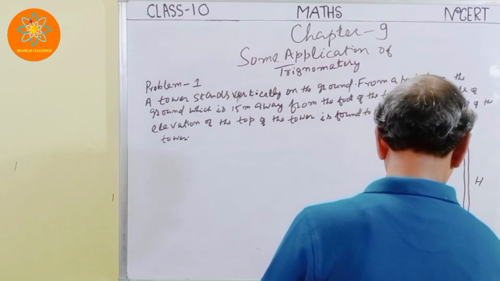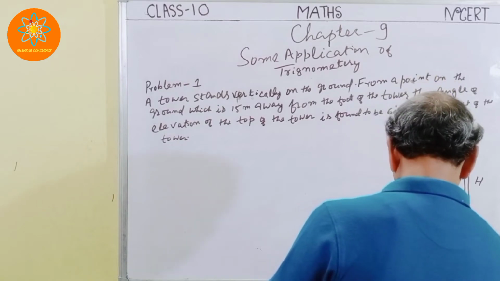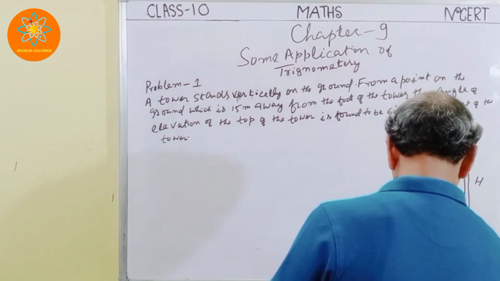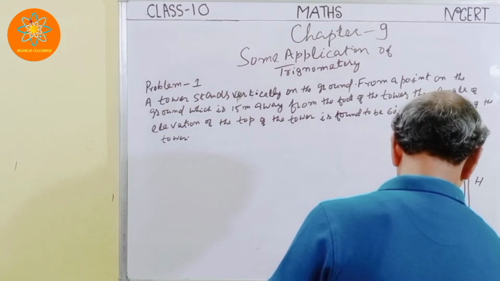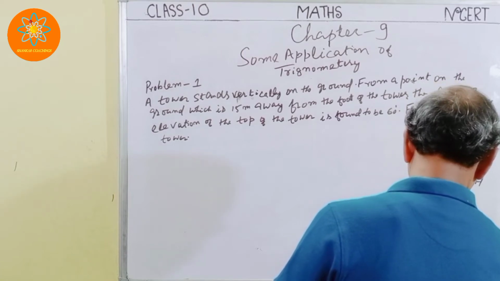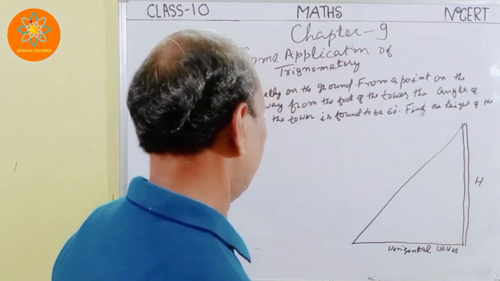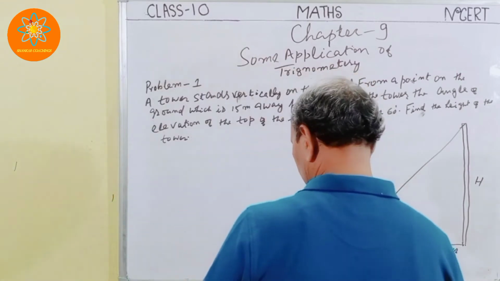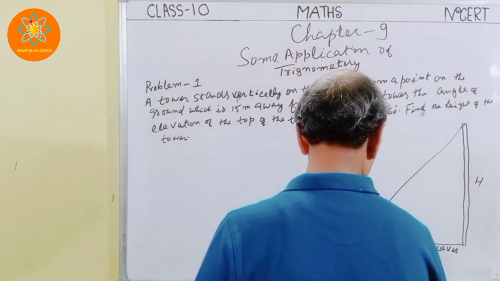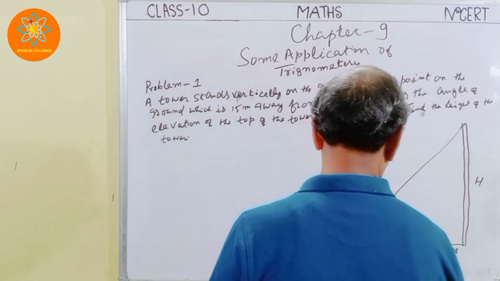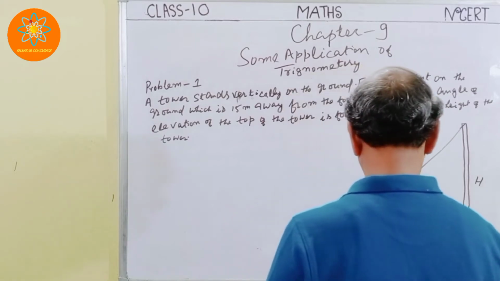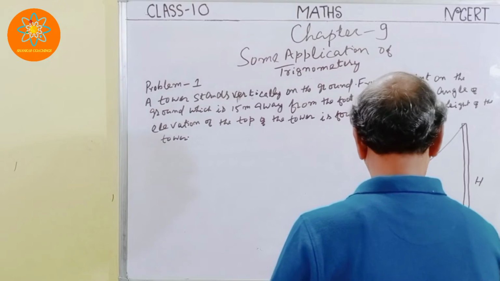So this one is what? This is the horizontal level. This angle is 60 degree elevation.